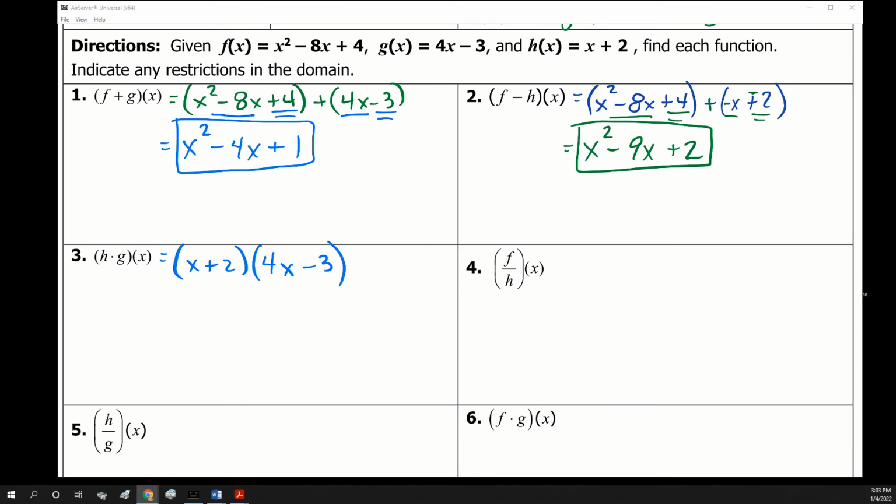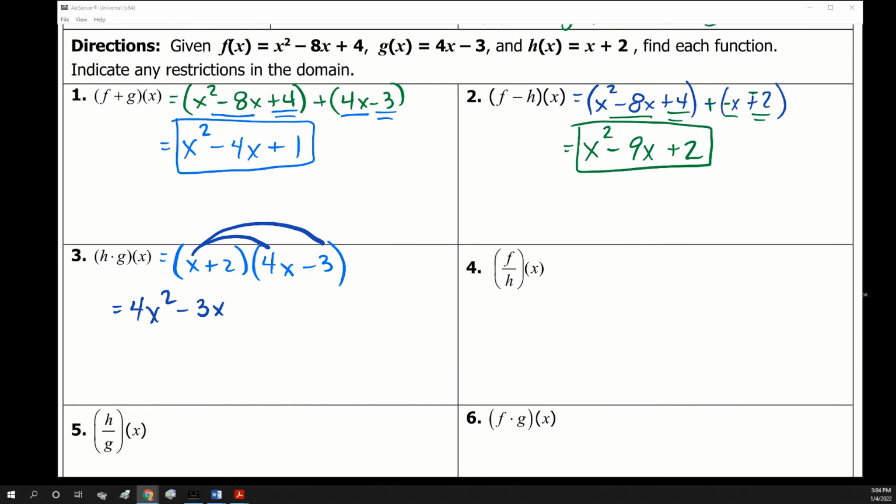Okay, so to multiply these together, we're going to do some distributing. So first, we're going to distribute x. So when you multiply x times 4x, you're going to get 4x squared. And then when you multiply x times negative 3, it's negative 3x.